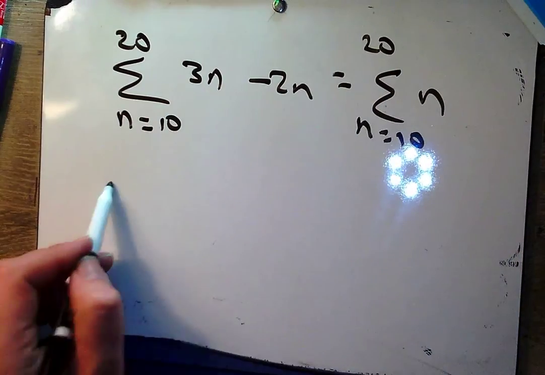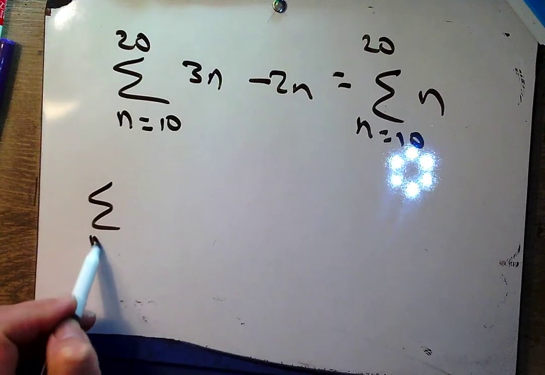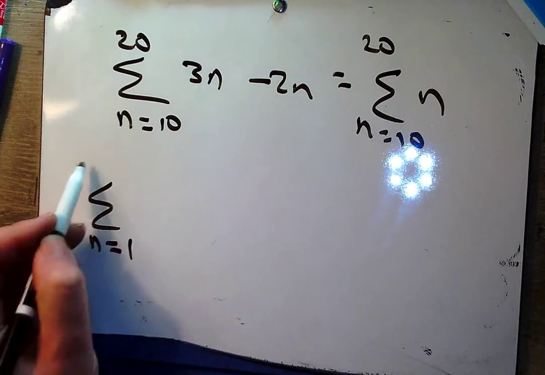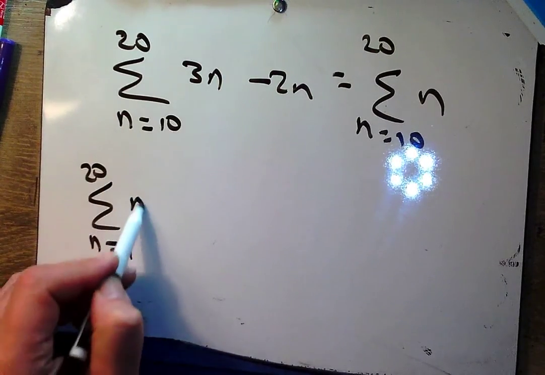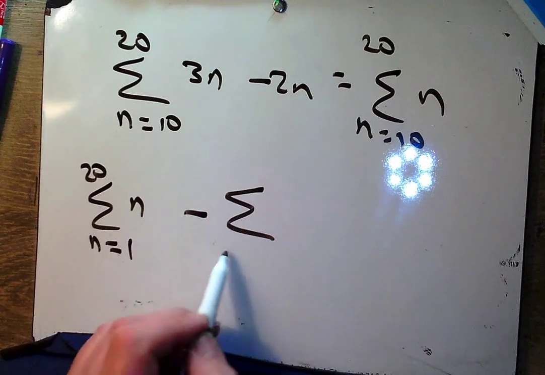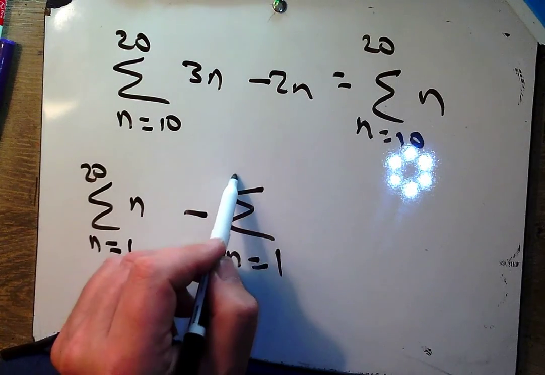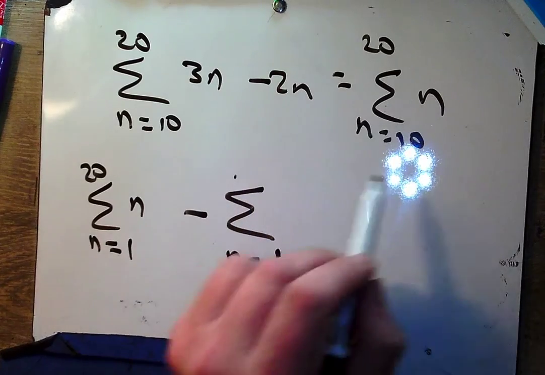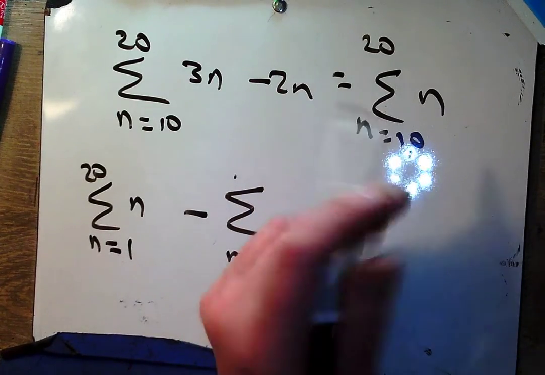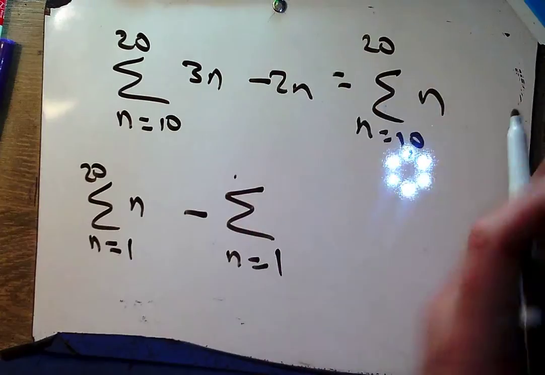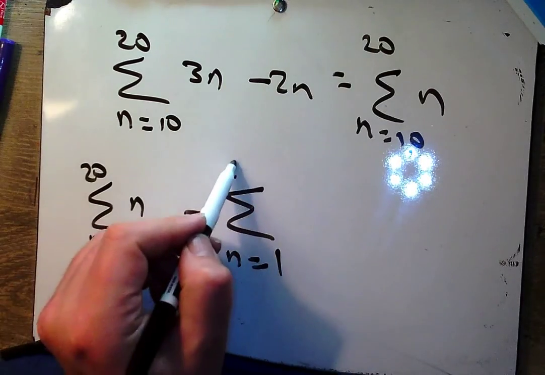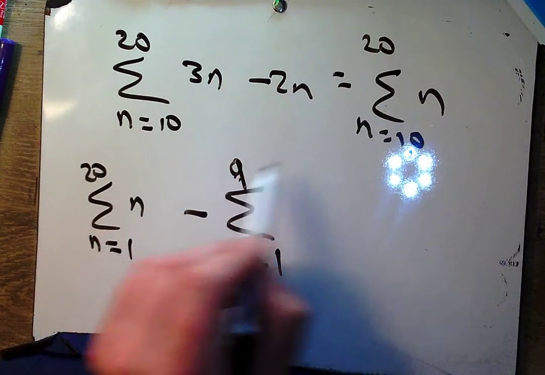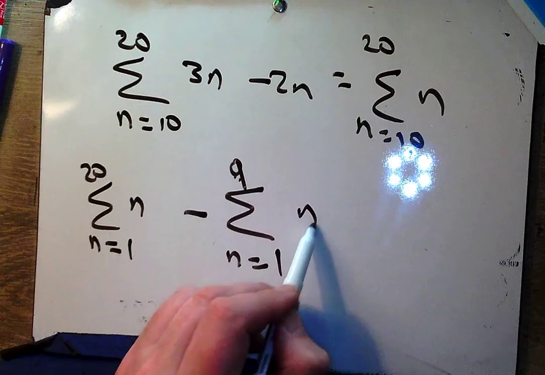So remember here, our sigma shortcuts only work if we start with 1. So we're going to do the sum of n from 1 to 20 minus the sum of n from 1 to what number? No, not 10. Not that number. We want to count from the 10th one on as part of this answer, so that has to be one less than that number.